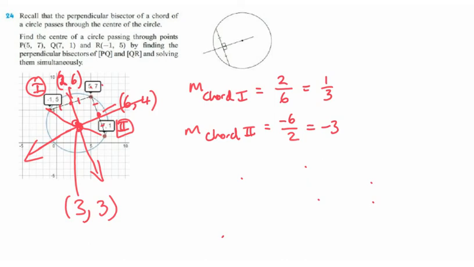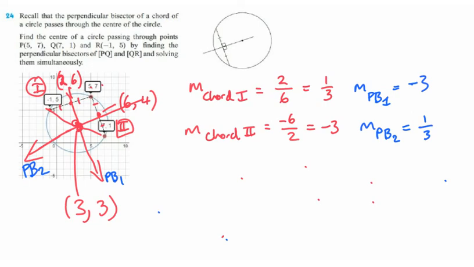I've used red for the gradients of the chords, so let's call the perpendicular bisectors PB1 and PB2. The gradient of the first perpendicular bisector must be -3. The gradient of the second perpendicular bisector is the negative reciprocal of -3, which is 1/3.